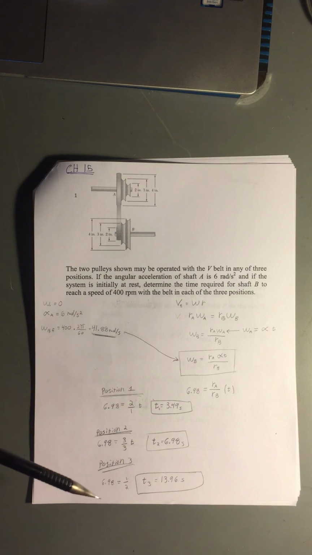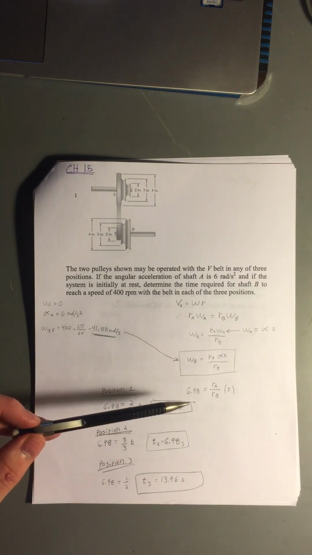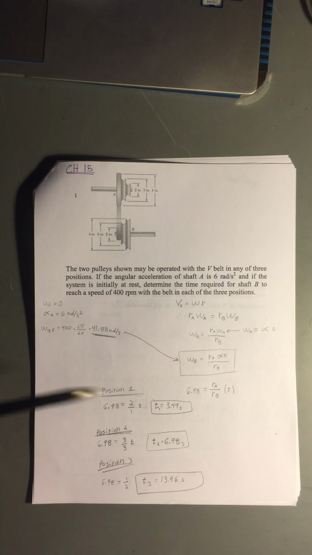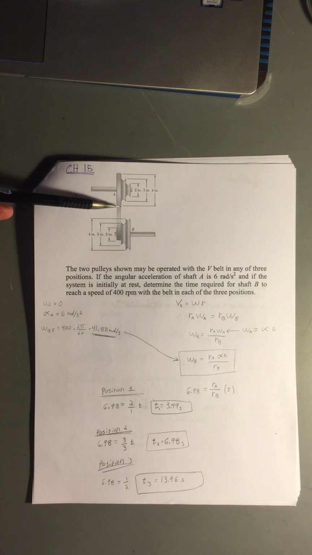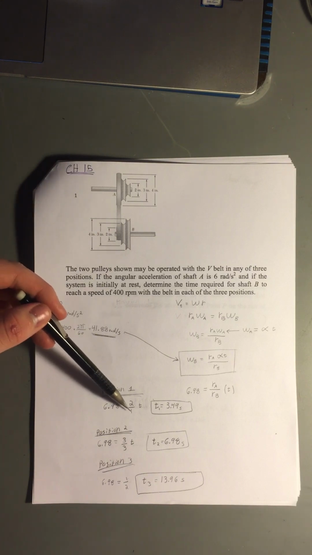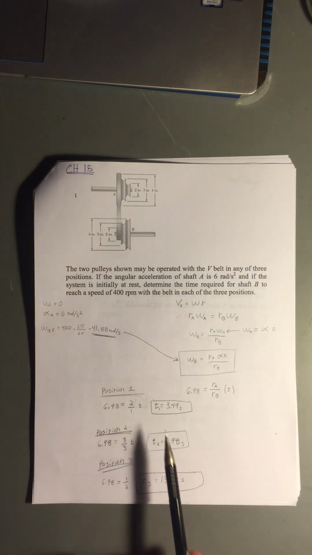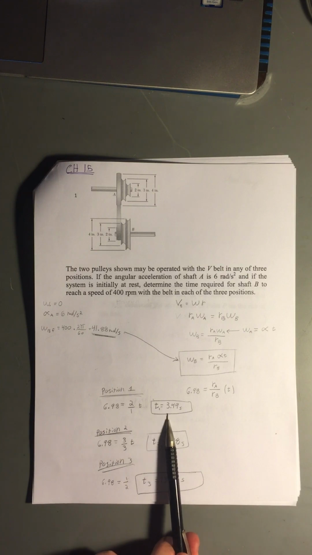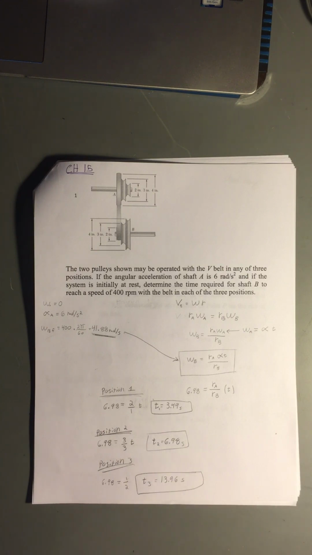All we have to do is plug in the different radii for the 3 different positions and solve for the time. In the first position, the radius of A is 2 and the radius of B is 1. We can solve for t and find that t is 3.49 seconds for B to reach the RPM that we're looking for.